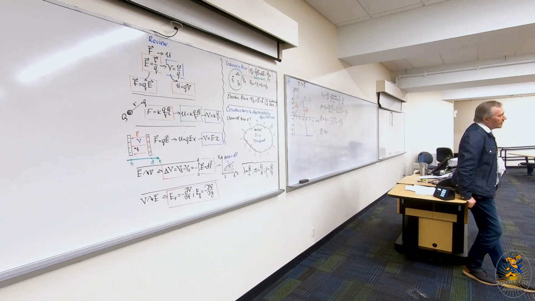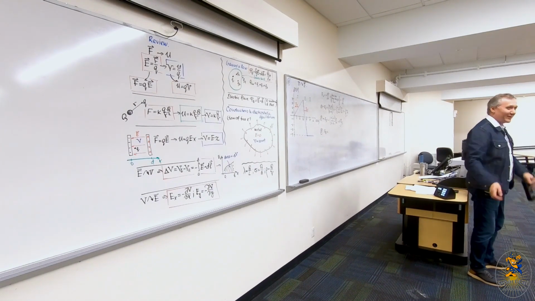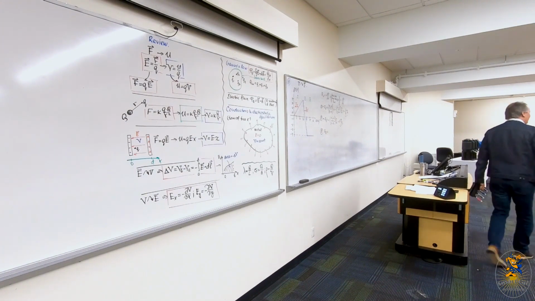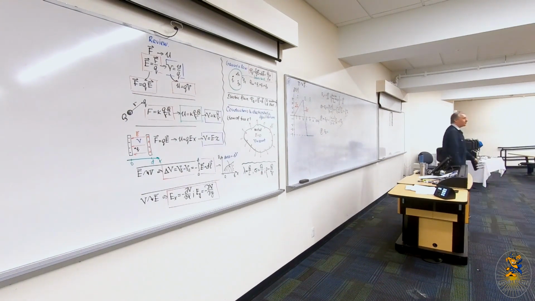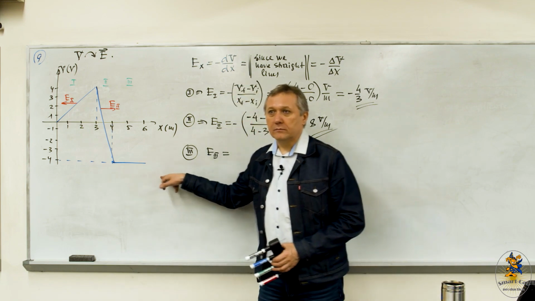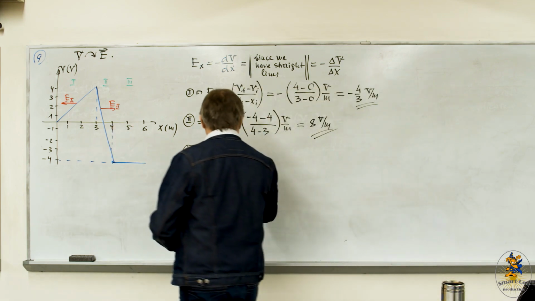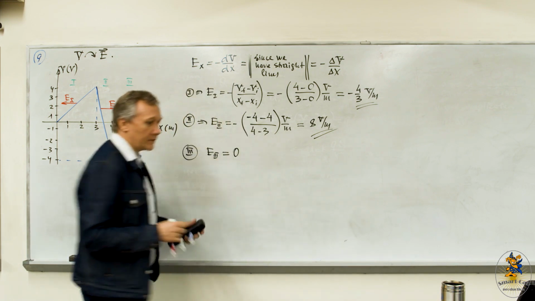At some point when I had extra time in the recitation classes, I used to show it, but then I usually said, okay, if you want, you can check it by yourself. So the value of the electric field in region number 3, 0. The curve is constant, horizontal, so the slope is 0, so the electric field will be 0. Okay, so that's it.